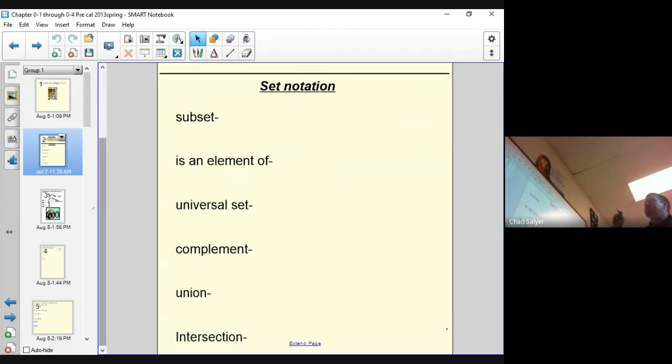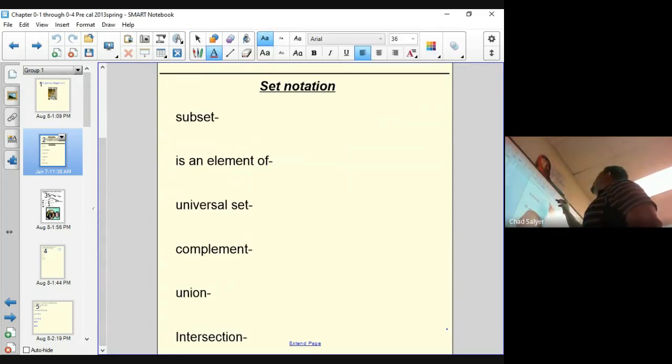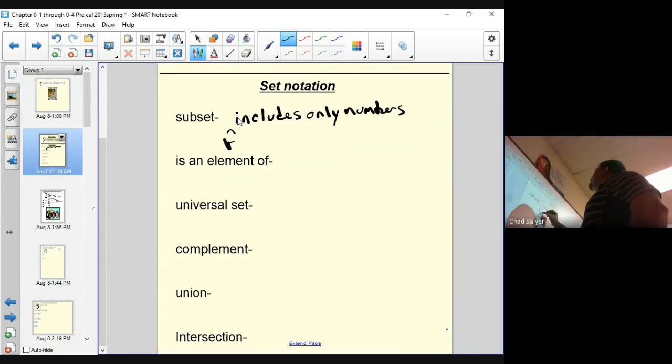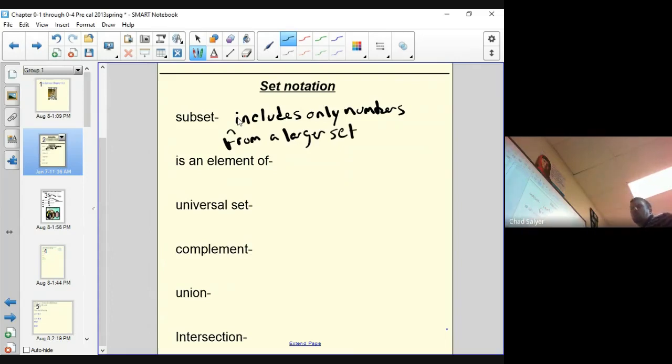Some things to know: subset means includes only numbers that are in a larger set. So in this scenario, if B is a subset of A, I write that like so.